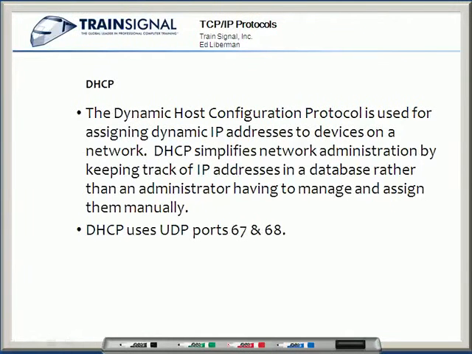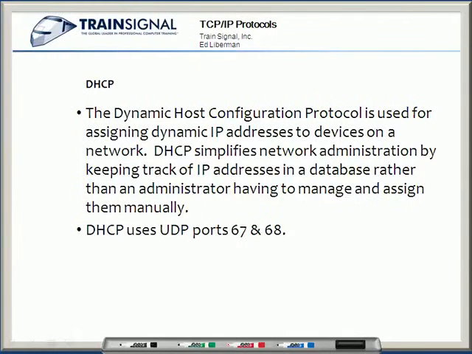Next, we have DHCP. Now, we've talked a little bit about DHCP already, and this stands for the Dynamic Host Configuration Protocol, and it's used for assigning dynamic IP addresses to devices on a network. Now, DHCP, as we've learned before, simplifies network administration by keeping track of the IP addresses in a database rather than an administrator having to manage and then also assign them manually.